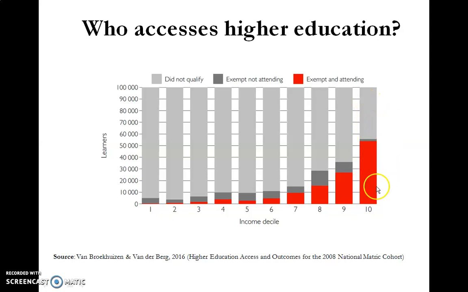So it's those students who are falling in the upper income socioeconomic status deciles that are being exempted, so they can actually enter into higher education institutions, and then once they are accepted, they then start to attend. And you can see that gradient, how it increases as income increases.